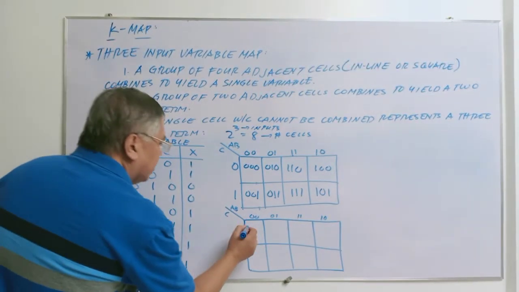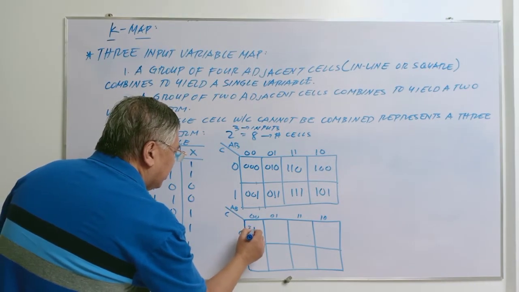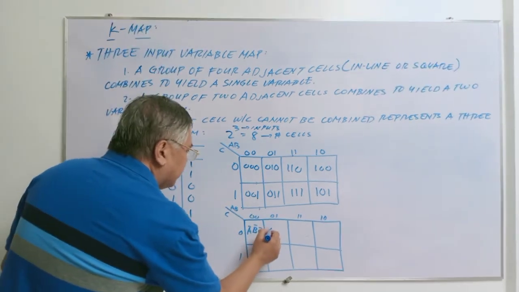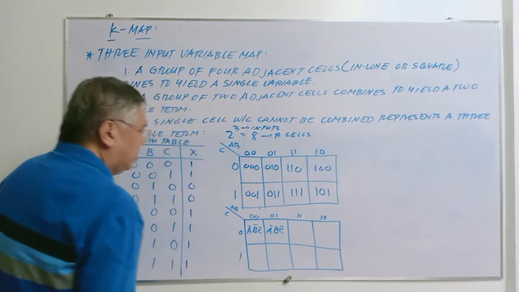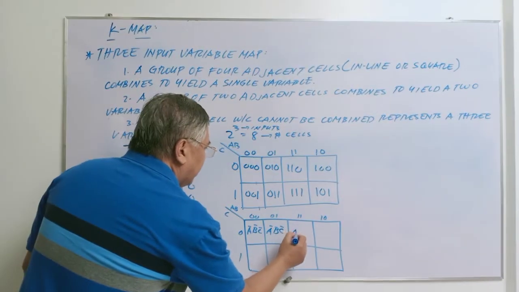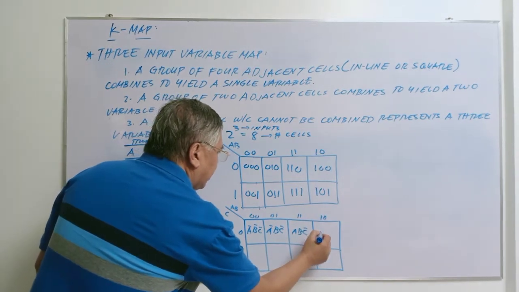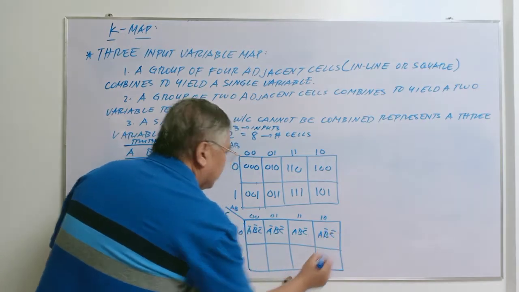So the product terms will be A bar B bar C bar, then A bar B C bar, then A B C bar, then A B bar C bar.